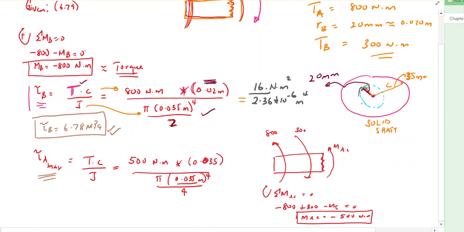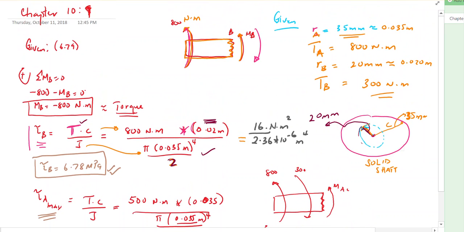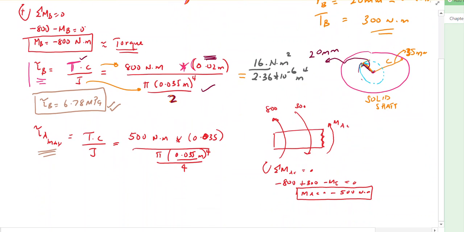Which would be, again, if you take a sectional cut from your overall piece, I have 800 going counterclockwise, I have 300, and so at A, let me just do this. Your moment about A would typically be the sum of the moments.